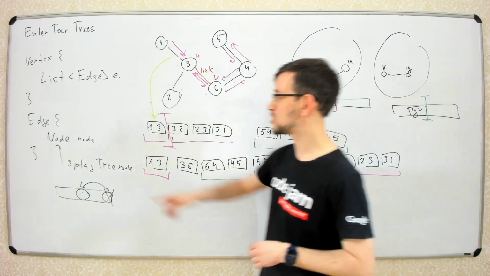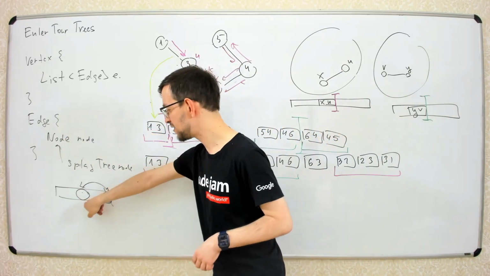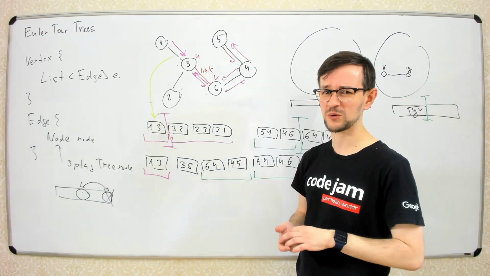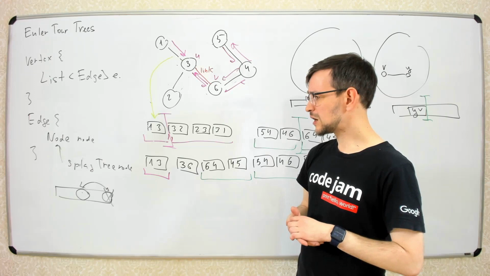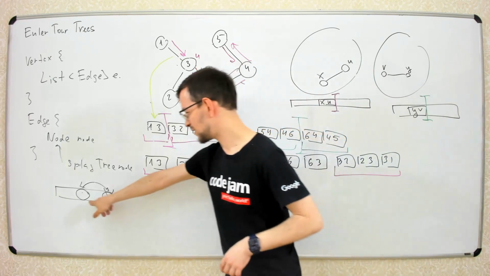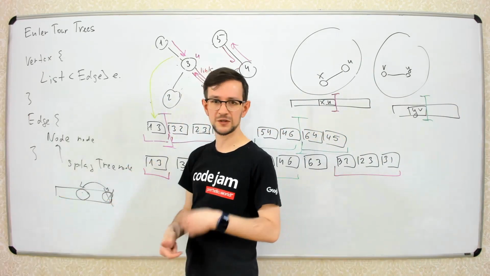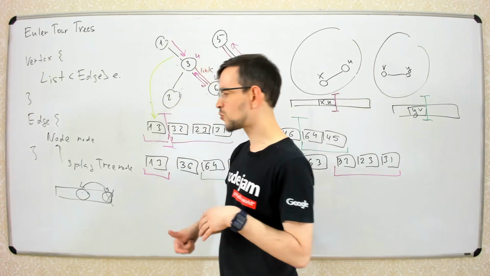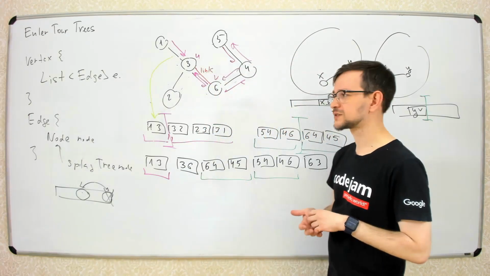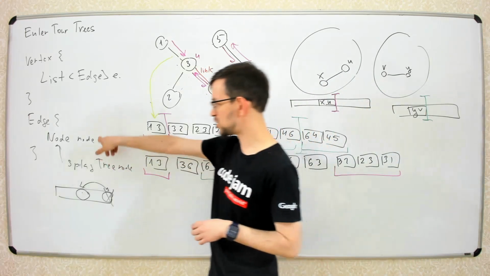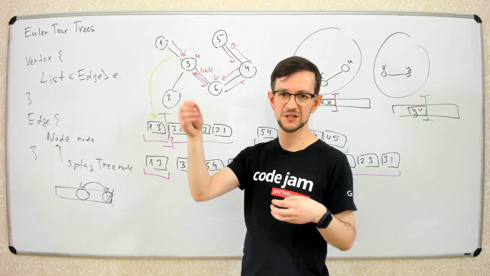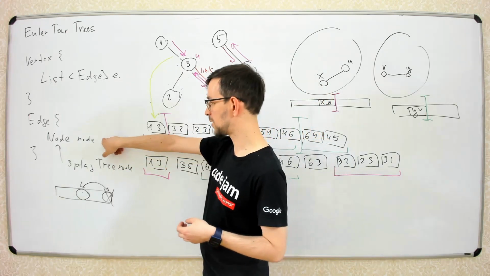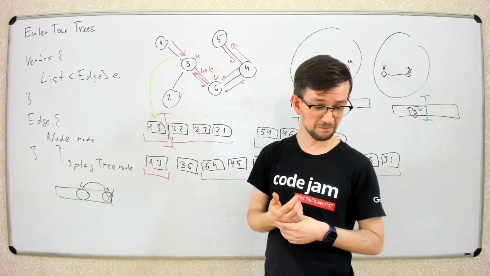So for each edge, you want to maintain its index in the list of the edges of the corresponding node. Finding the element in the list is pretty expensive, so you don't want to find elements in the lists. Instead, for each edge, you can maintain its index in this list, so you can easily find the index of the element using this pointer to the list.